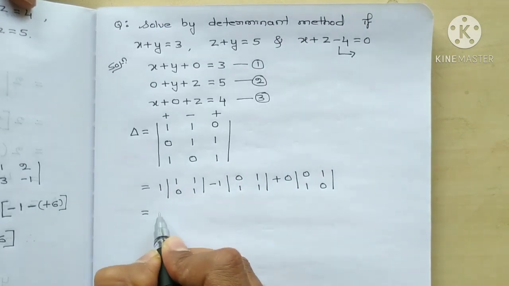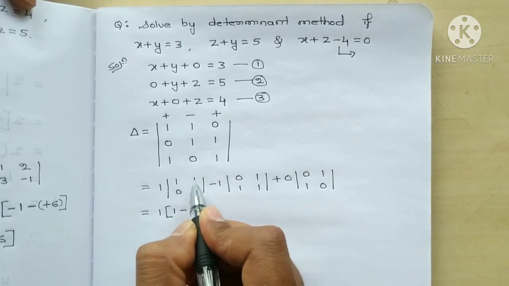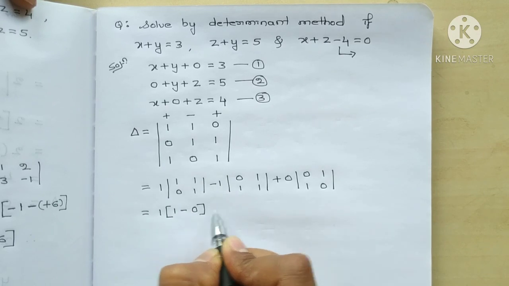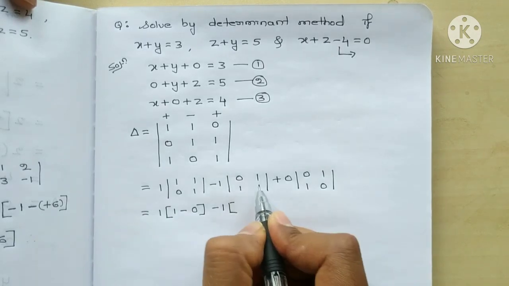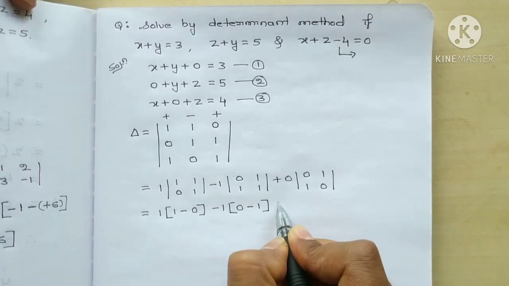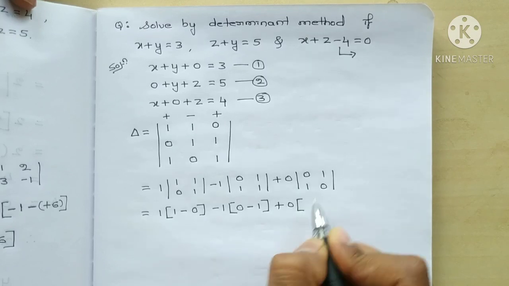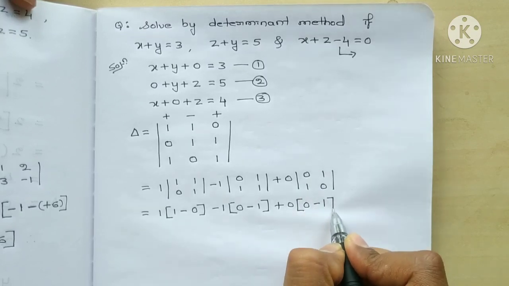So which is equals to 1 into bracket 1 into 1 is 1 minus 0 into 1 is 0 minus 1 into bracket 0 into 1 is 0 minus 1 into 1 is 1 plus 0 into bracket 0 into 0 is 0 minus 1 into 1 is 1.